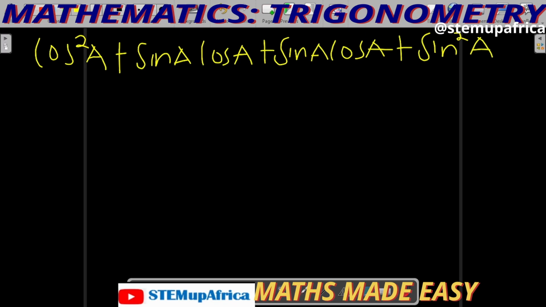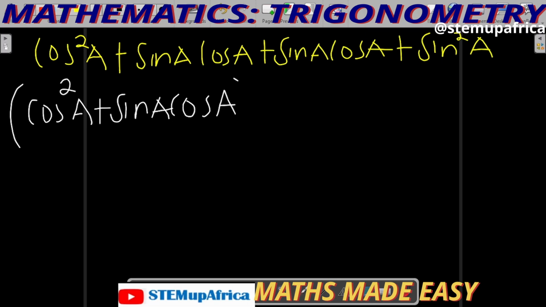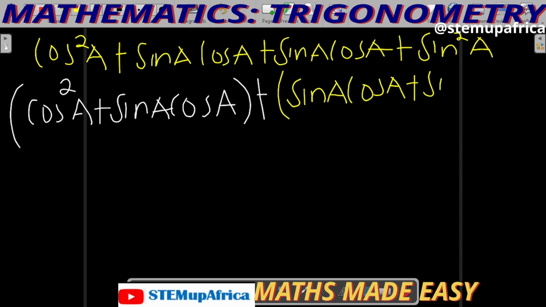Let's bracket the first 2 and also bracket the last 2. The first 2 give cos square a plus sine a cos a. The last 2 give sine a cos a plus sine square a.